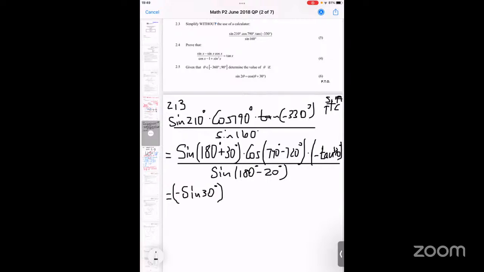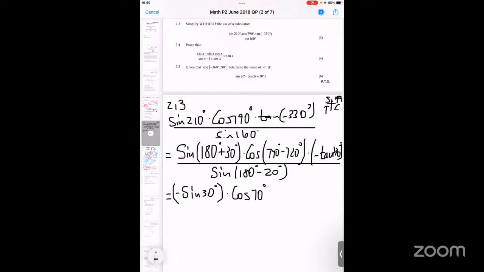Then cos 70, because 790 minus 720 gives you cos 70. Since this falls in the first quadrant, cos will remain positive.